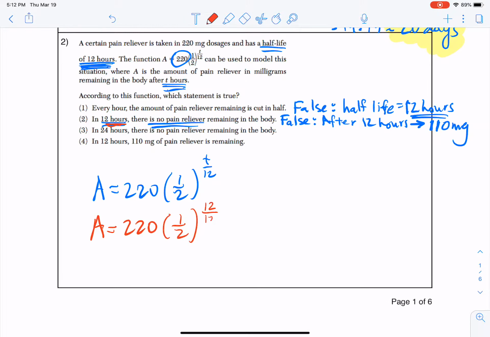Replace t with 12. Now if I simplify that, I would get 220 times 1/2. 12 over 12 is just 1. So that actually gives me 110 milligrams. So again, false.